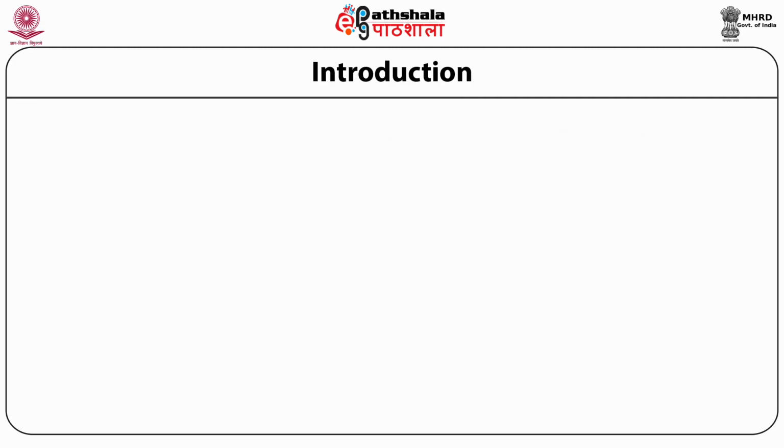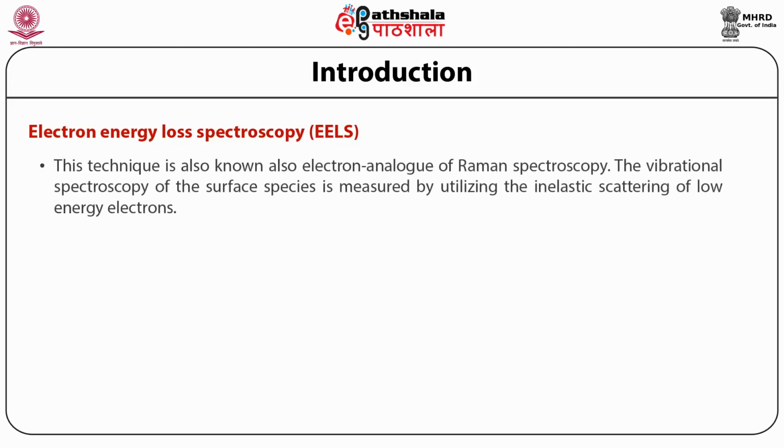The first of this kind is electron energy loss spectroscopy. It is in short called EELS. This technique is also known as the electron analog of Raman spectroscopy. The vibrational spectroscopy of the surface species is measured by utilizing the inelastic scattering of low energy electrons.